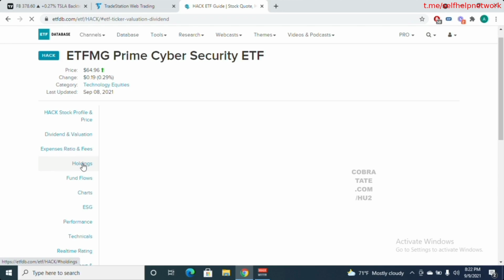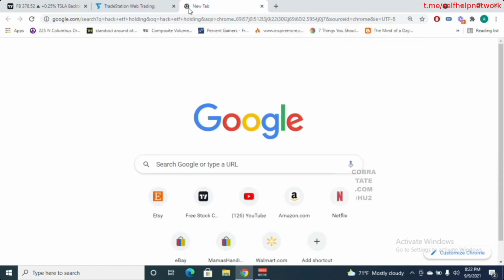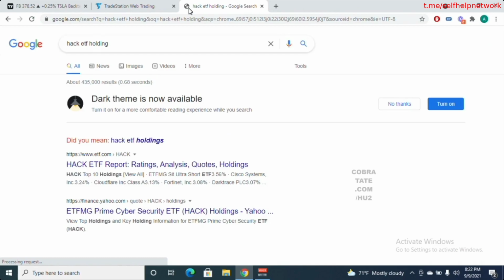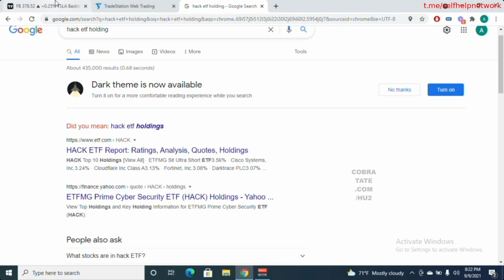I don't know why Hack is being so slow. It usually is not. Let's just look at Hack ETF holdings directly. All right, you say Hack top 10 holdings and we'll talk about it. Cisco Systems, Cloudflare, Fortinet. You go on etfdb.com, you should be able to look at the composition.